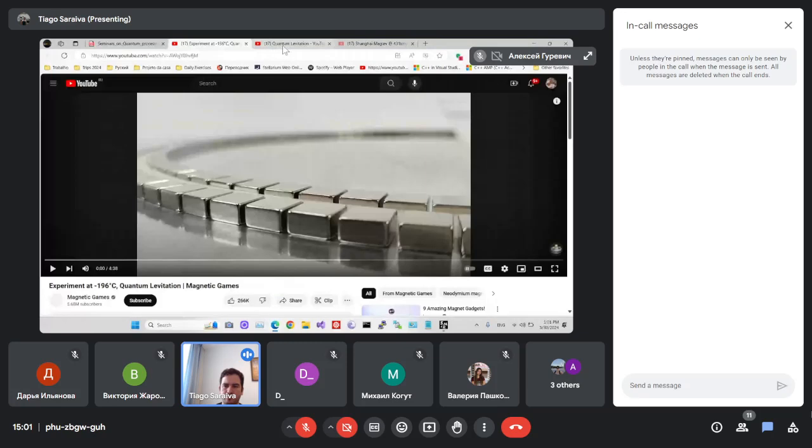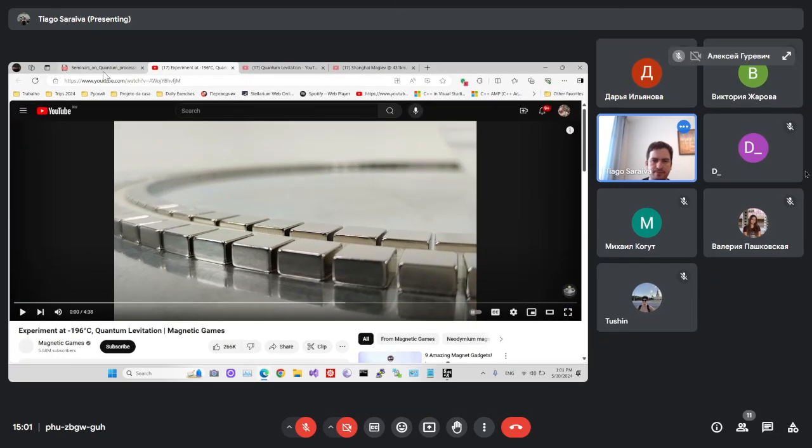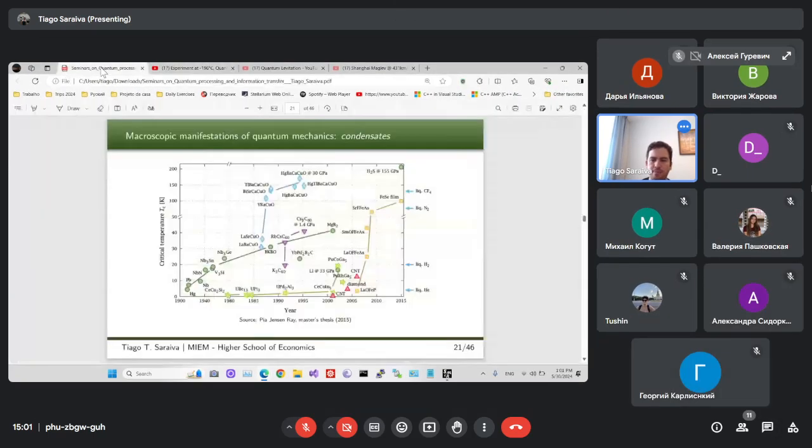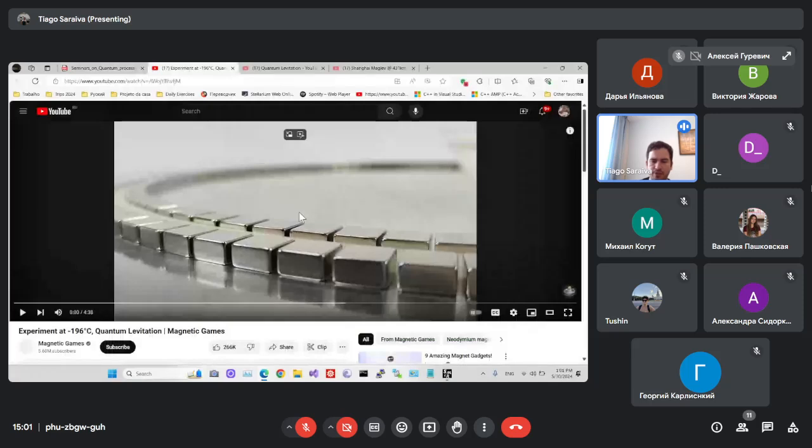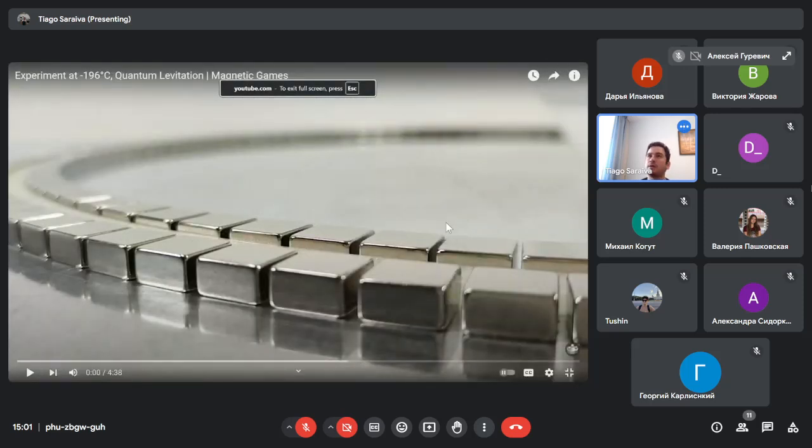I wanted to show some videos about superconductors for practical purposes. For example, this guy here made a magnetic track. You are going to see these squares in this video.